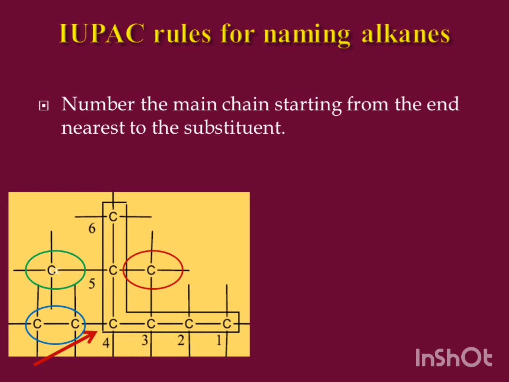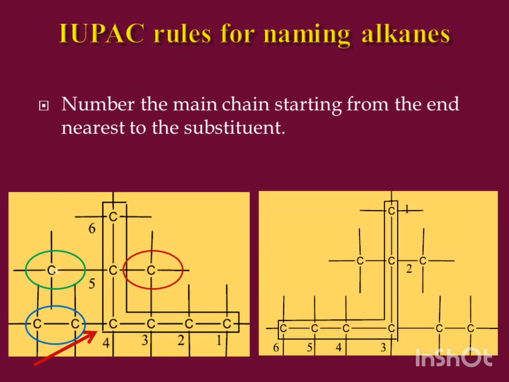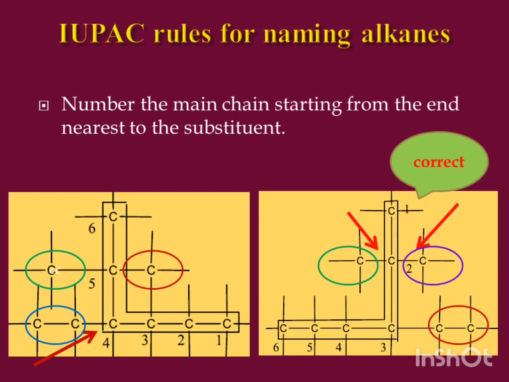But if I start numbering from the top, I will get these 2 substituents at carbon number 2. As the rule says, we have to start numbering from the end which is nearest to the substituent, so carbon number 2 is nearer as compared to carbon number 4.